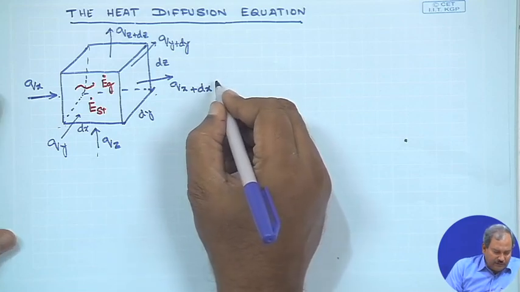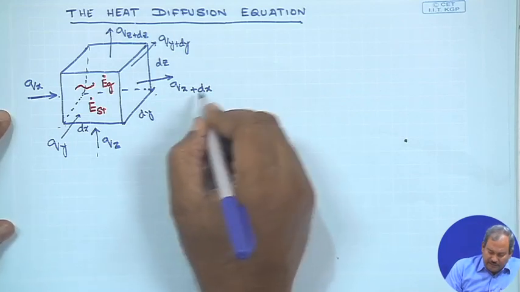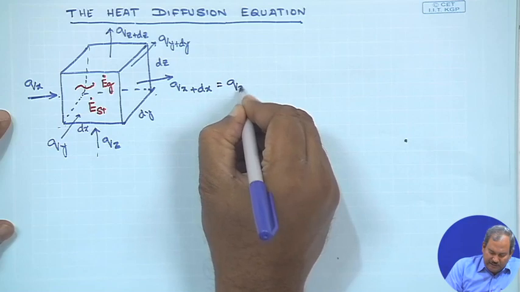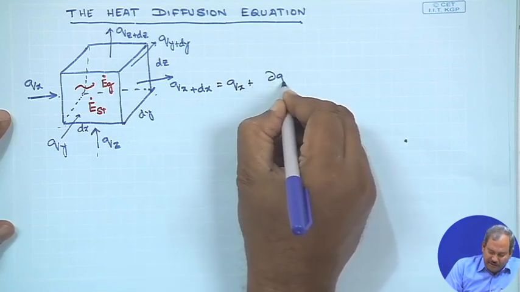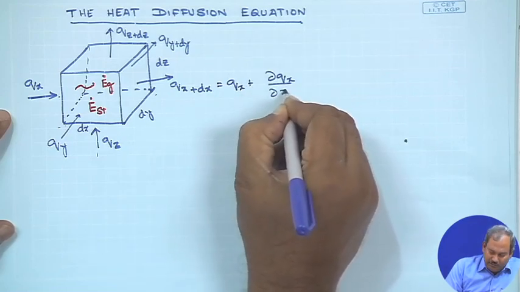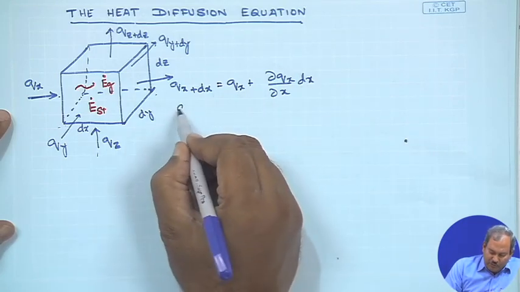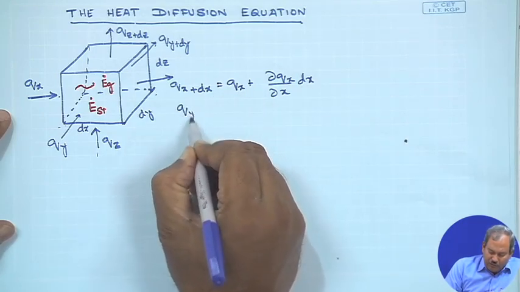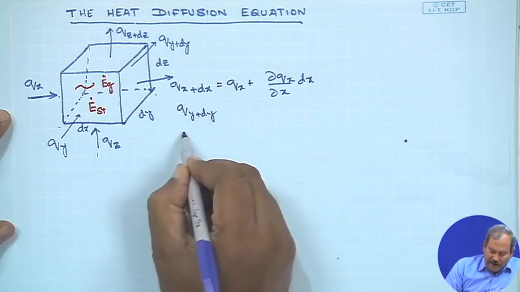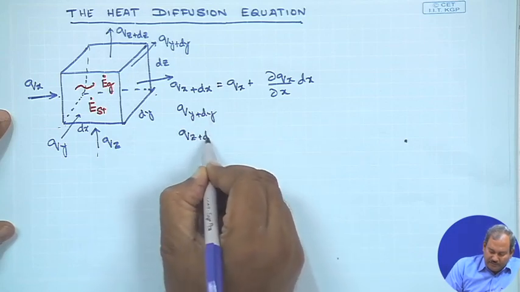Qx plus dx can simply be expressed in the Taylor series expansion the same way we have done before. So, this is for Qx plus dx, same way you can write for Qy plus dy and Qz plus dz.